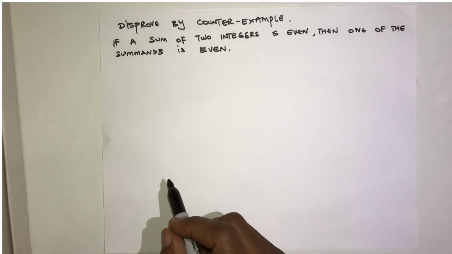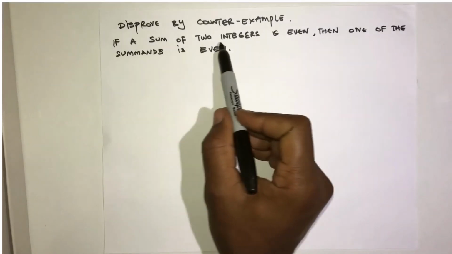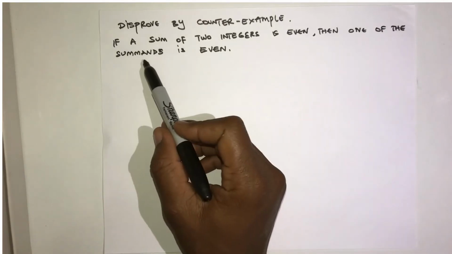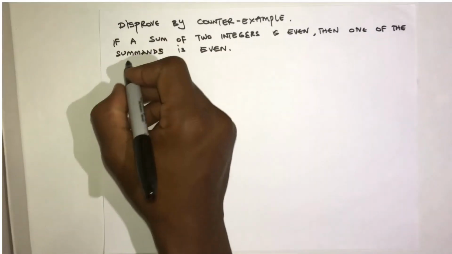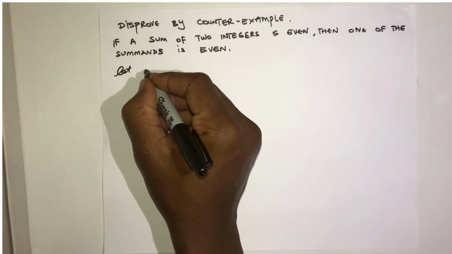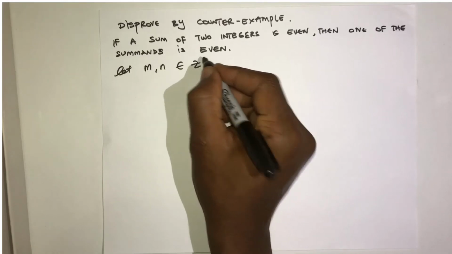Let us consider this example. If the sum of two integers is even, then one of the summands is even. So you're looking at the sum of two integers. Let m and n be elements of the integers.